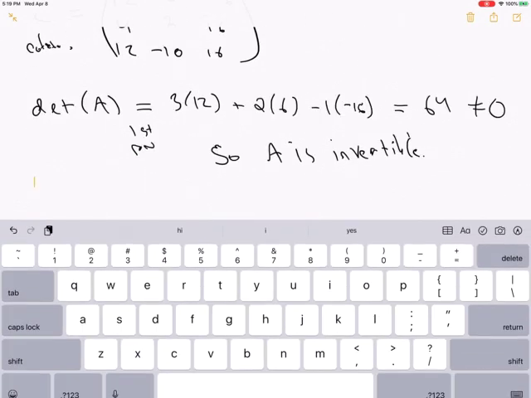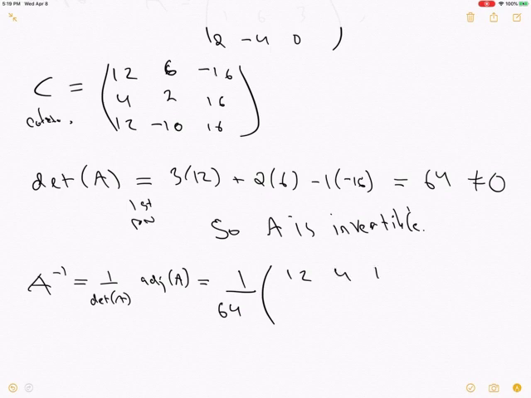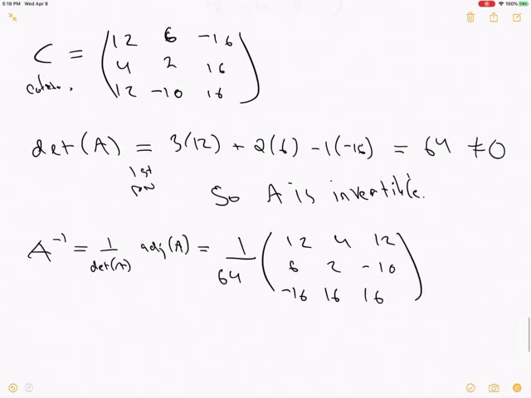By the theorem, we know that A inverse is going to be 1 over its determinant times its adjoint. Well, we already know that its determinant is 64, so it's 1 over 64, and its adjoint is just the transpose of that, so it's just 12, 4, 12, 6, 2, minus 10, minus 16, positive 16, positive 16. And that's it. That's the inverse.